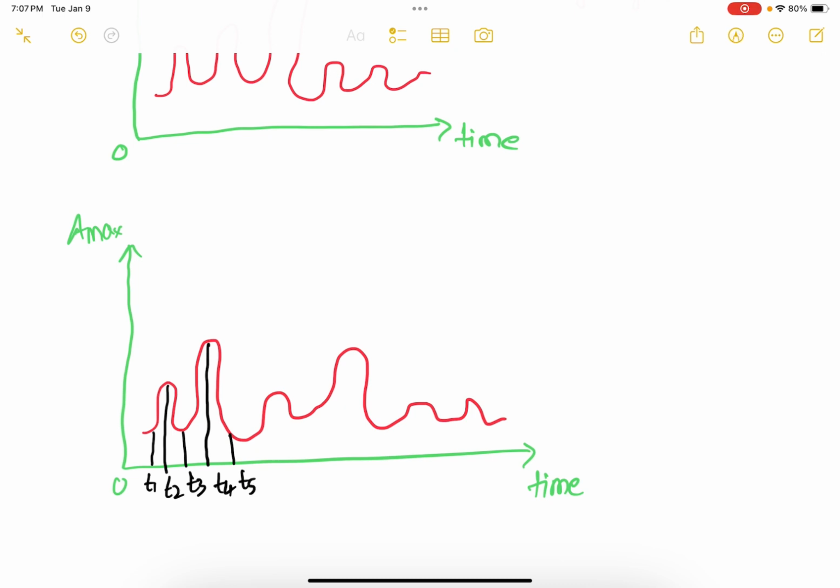So let's say T1 is at R1, T2 is at R2, T3 is at R3, T4 is at R4, T5 is at R5. So I'm monitoring the value of temperature over 5 hours with an interval of 1 hour. So this is known as a discrete time signal.